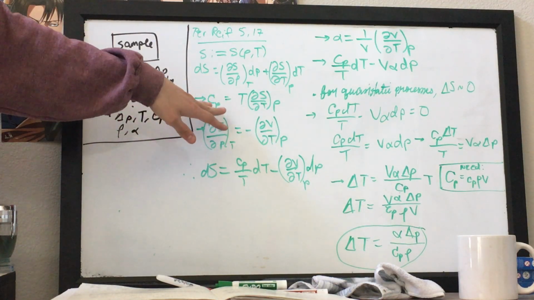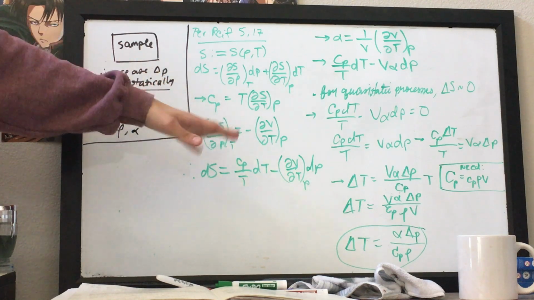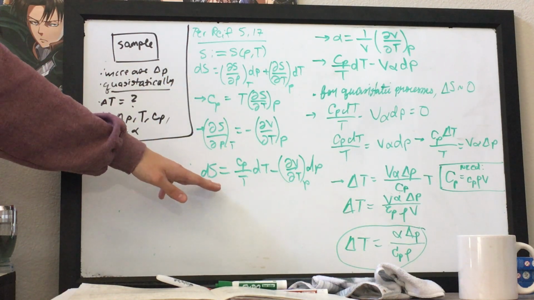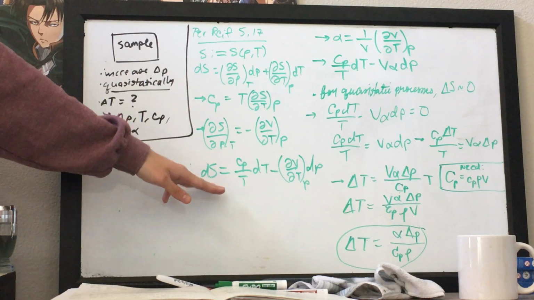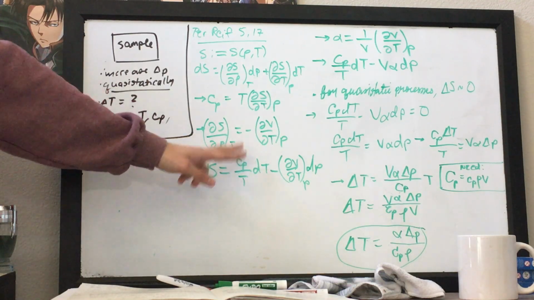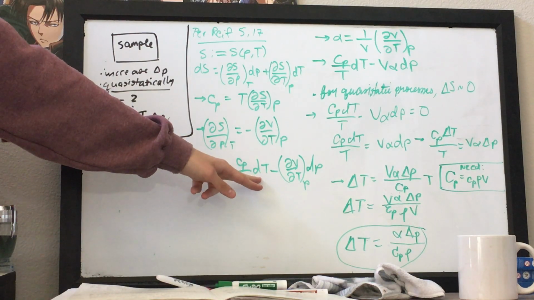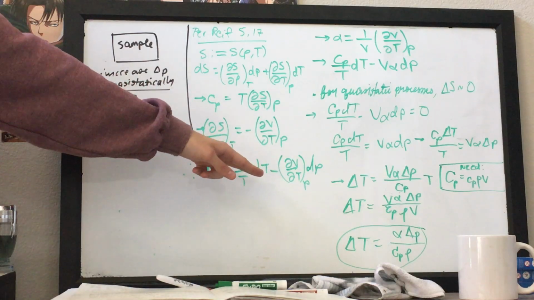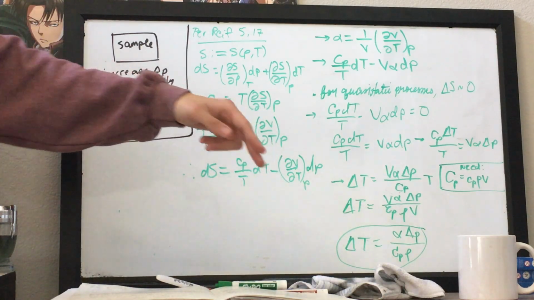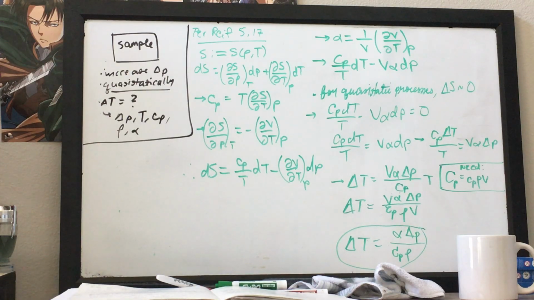Anyway, with these substitutions in mind, we can algebraically move this T over to the left-hand side and make some simple substitutions, and we can write entropy in a new way. We write dS as equal to the heat capacity at constant pressure divided by the temperature times an incremental change in temperature, minus the change in volume with respect to temperature at constant pressure times that small change in pressure. Now, we also know that the coefficient of volume expansion alpha is equal to the inverse of the volume times the change of the volume with respect to the temperature T, right?